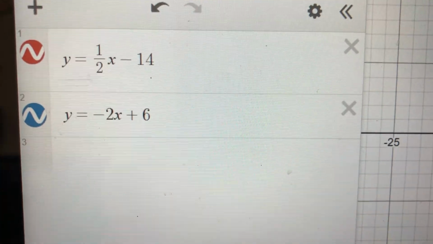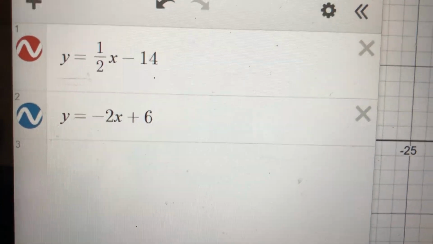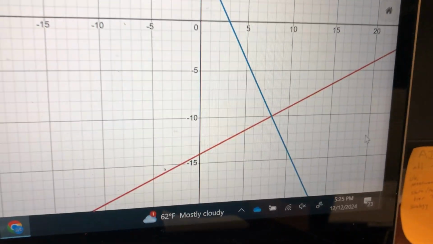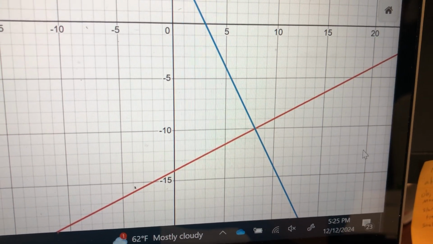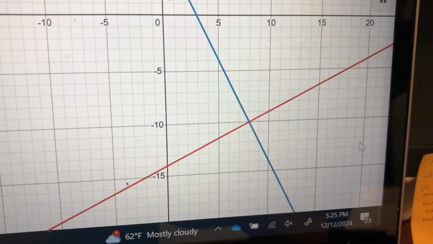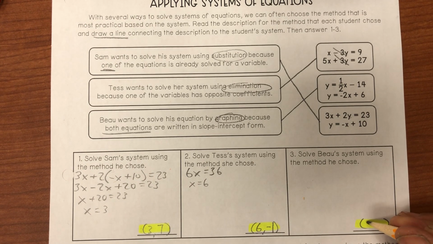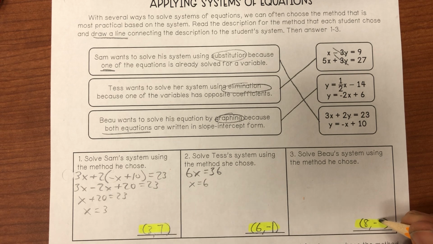So that's what I did. I typed in those equations from Bo's question into the Desmos testing calculator, and we can see where our lines intersect. That's our solution. That looks like positive 8, negative 10.